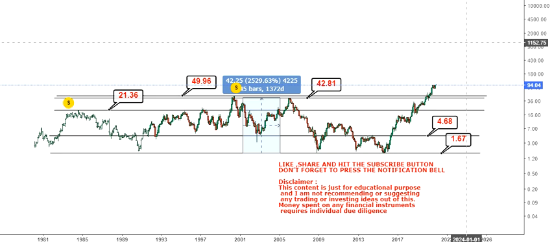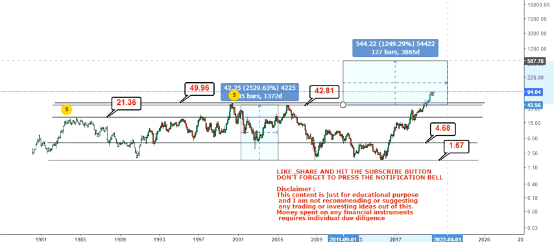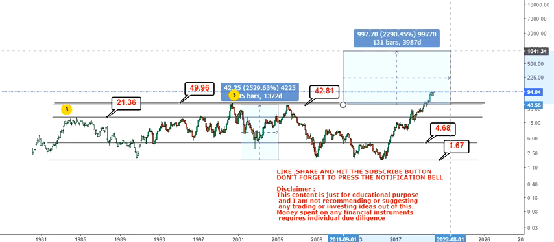Now with this breakout, we are expecting at least, and I'm using the words at least, the same amount of return in the years to come.